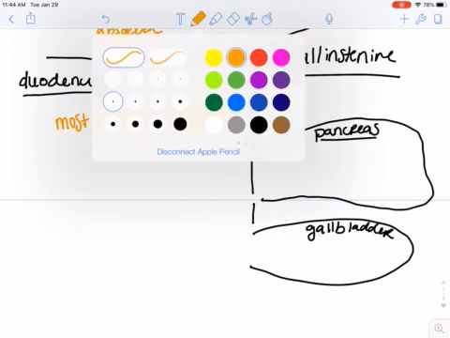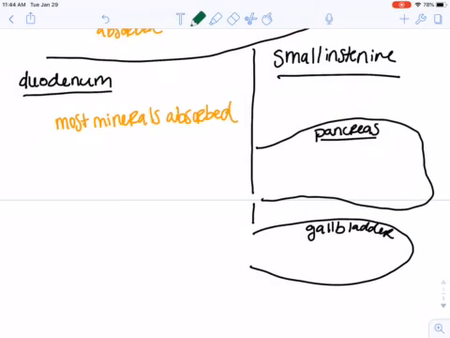So if we're going to look at the hormones that play a role here, we're going to look at CCK. CCK, or cholecystokinin, is going to release enzymes from the pancreas to help break down the carbs, protein, and fat. And it's going to stimulate the gallbladder to release bile, which breaks down fat.